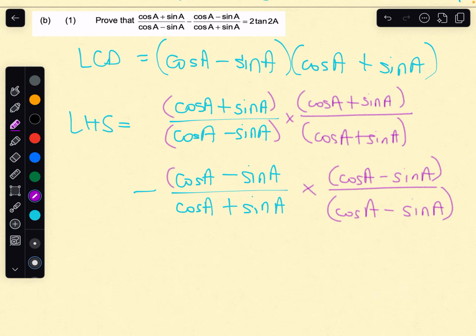Again, I'll put brackets here to remind myself that this multiplication is going to be a FOIL.